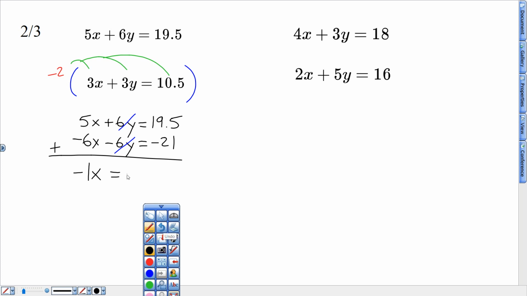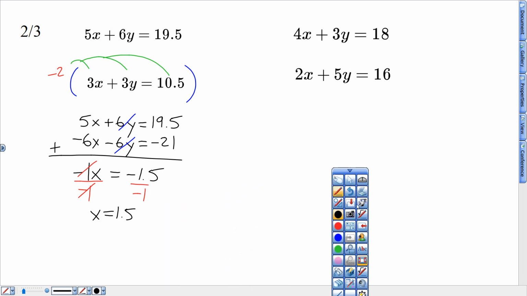Yep, -1.5. And then right there, opposite of timesing by -1, dividing by -1. Divide by -1. That will make that cancel away. And then that just gives me +1.5. Remember, that's only half of your variable.